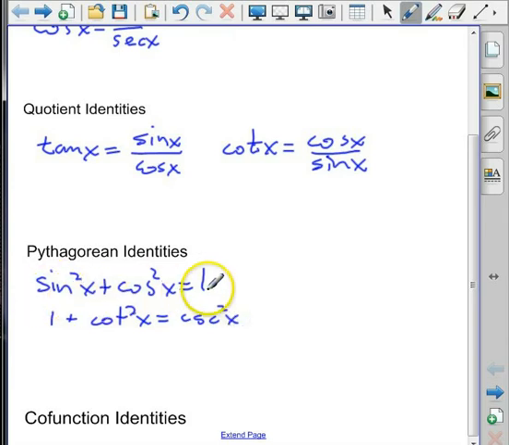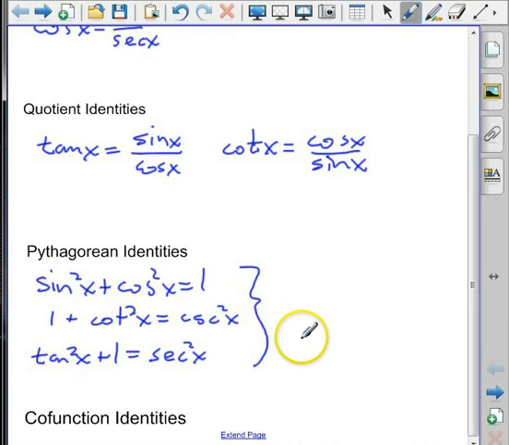If I take this original Pythagorean identity and divide everything by cosine squared, I get tangent squared of x plus 1 equals secant squared of x. These three Pythagorean identities are some of the most useful that you'll use all through this year and in calculus.